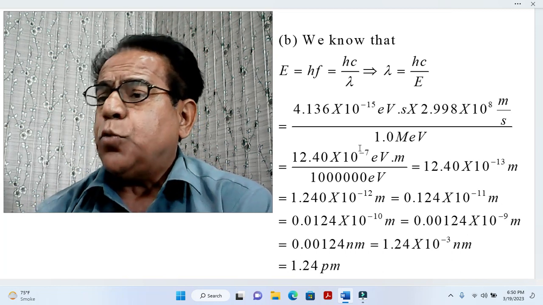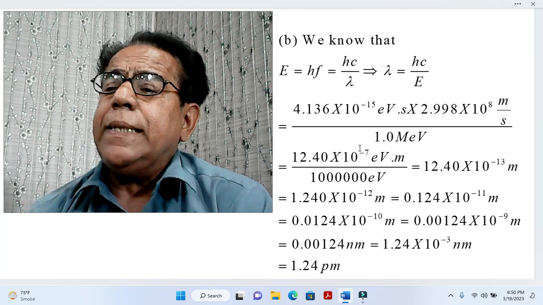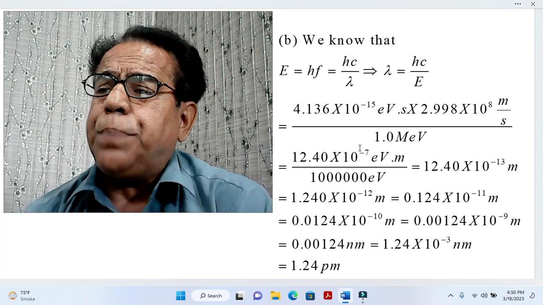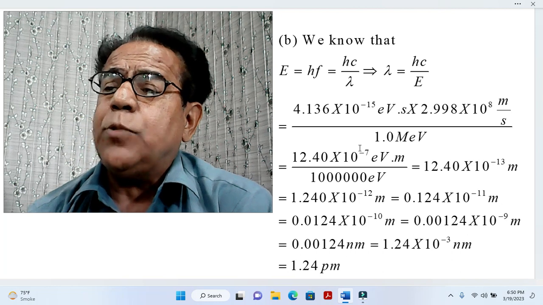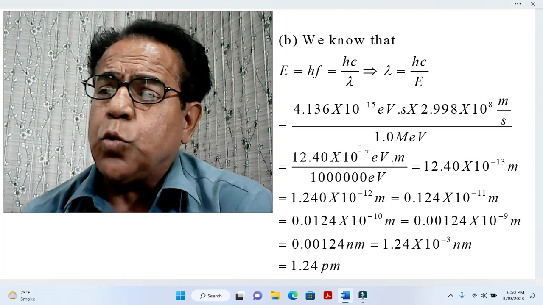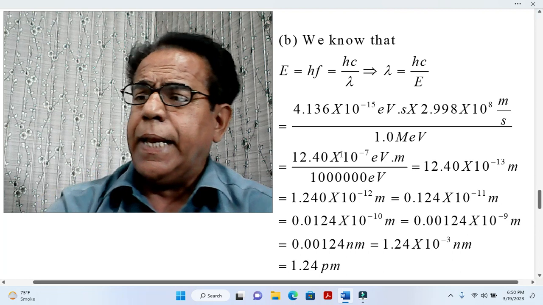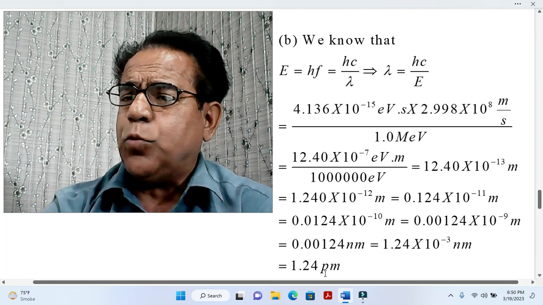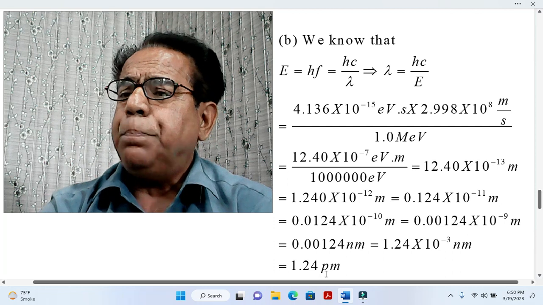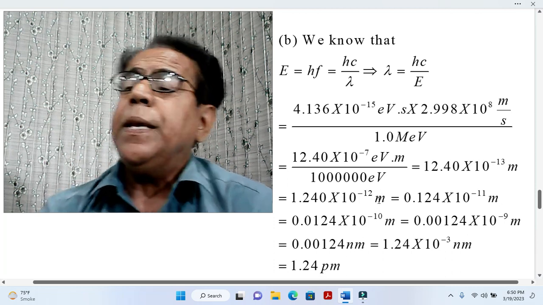Okay, and we know that 10 raised to the power minus 12 is equal to pico, and in the last step it is written as 1.24 picometer.